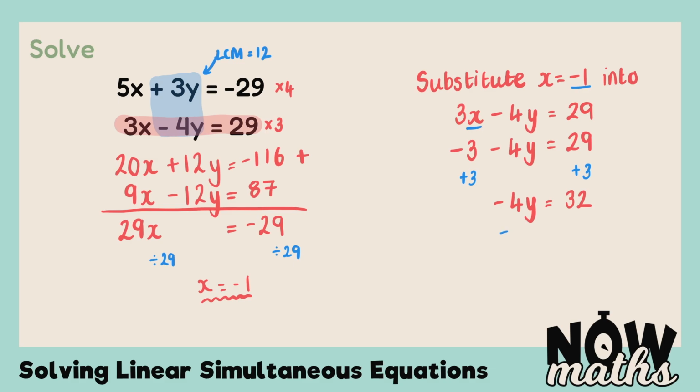And then we have to divide by -4 to give us y equals, and 32 divided by -4 is -8. So when we have negative solutions, we do have to be a little bit more careful with our method. And our final answer is x equals -1 and y equals -8.